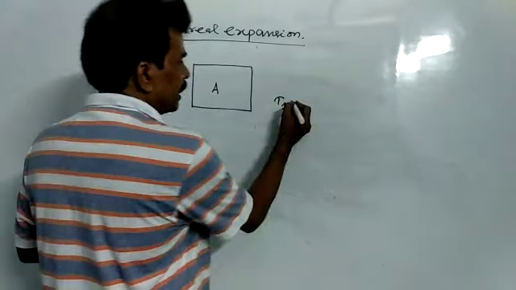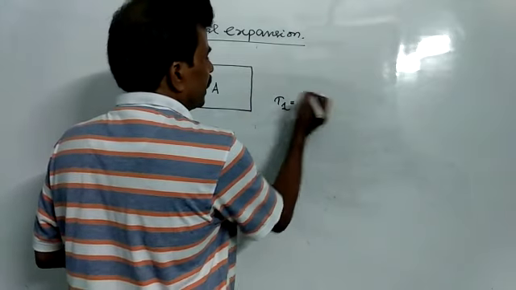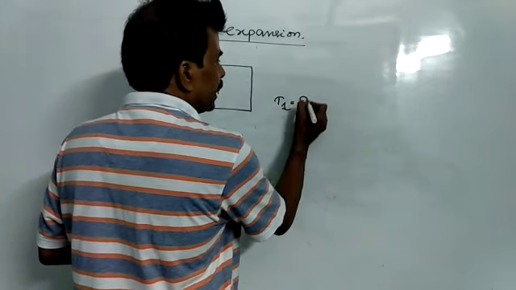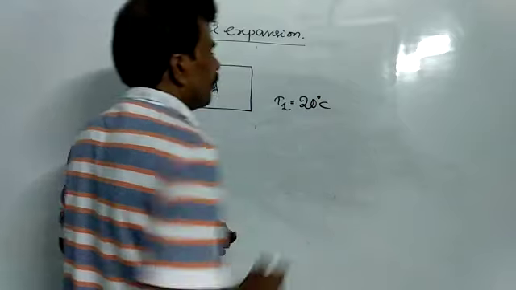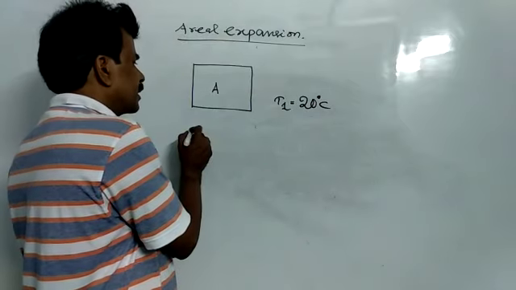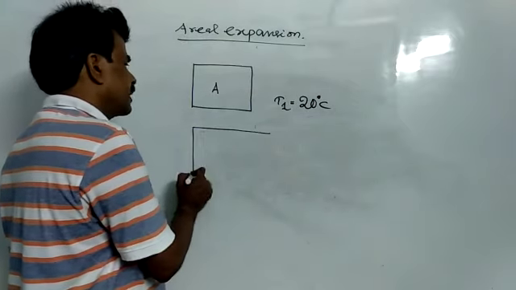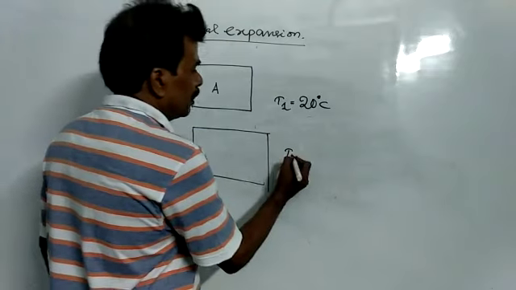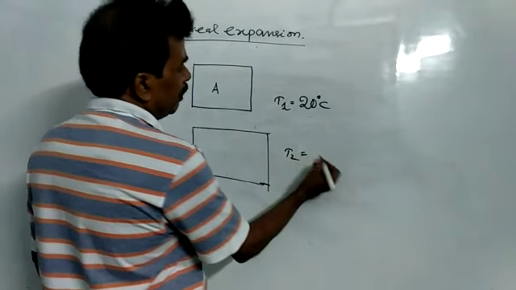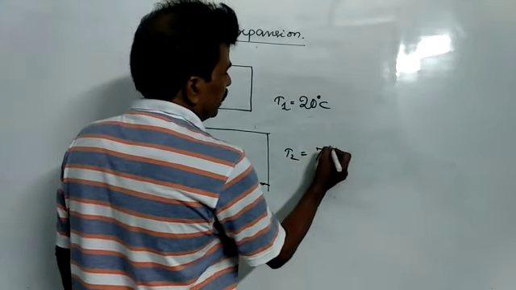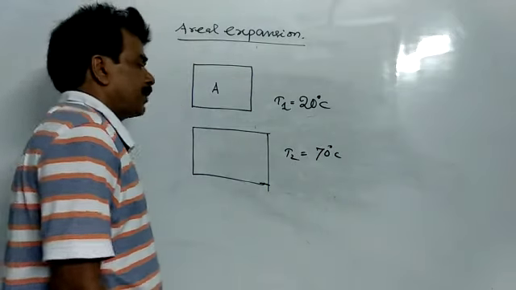Consider this T1 as anything, suppose 20 degree centigrade. When its temperature is increased to T2, say 70 degree centigrade, what is happening?